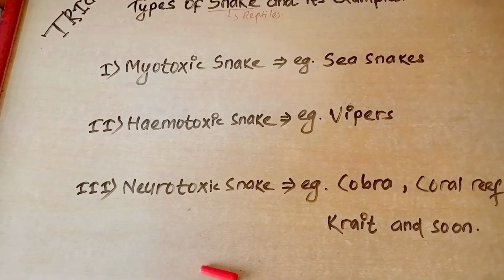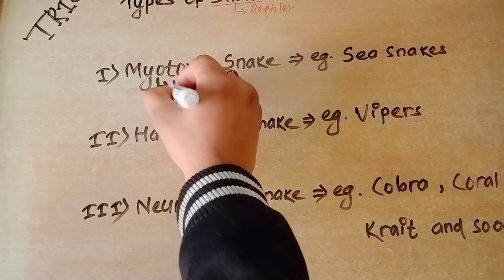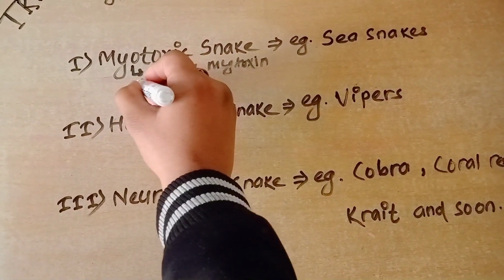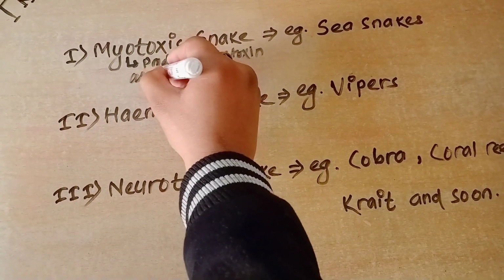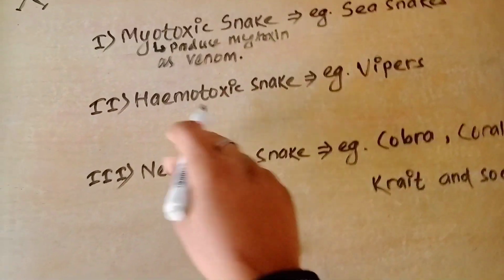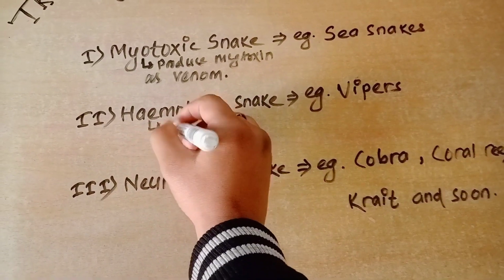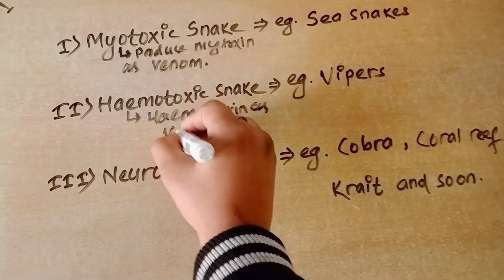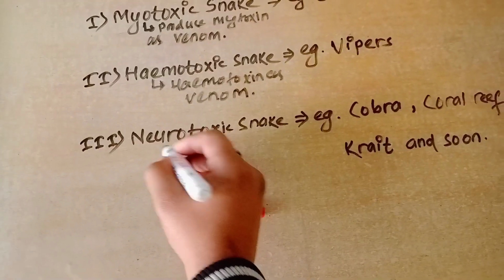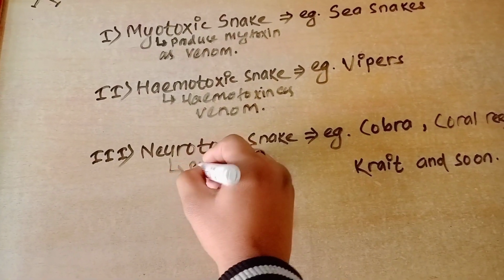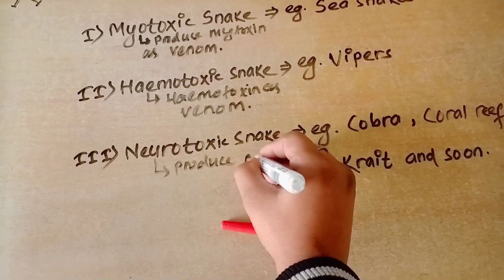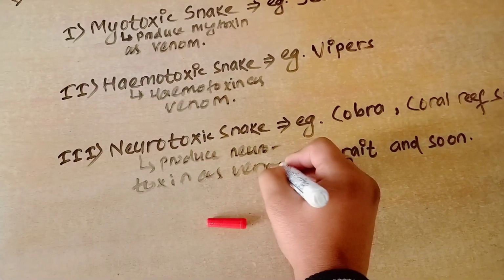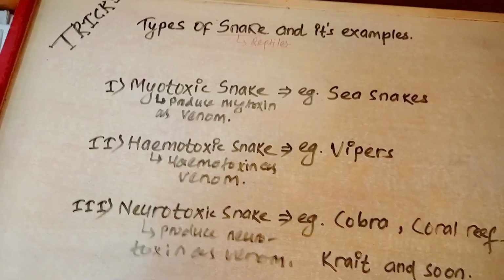Myotoxic snake is the snake which produces myotoxin as venom, and hemotoxic snake is the snake which produces hemotoxin as venom, and neurotoxic, which is very famous, produces neurotoxin as venom. So we have these three types of snake.